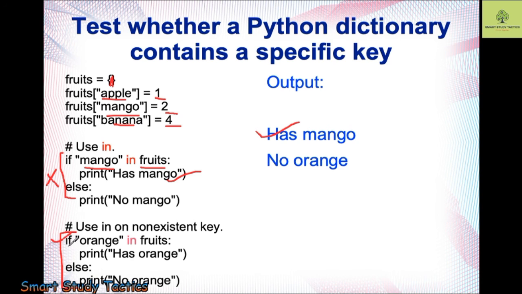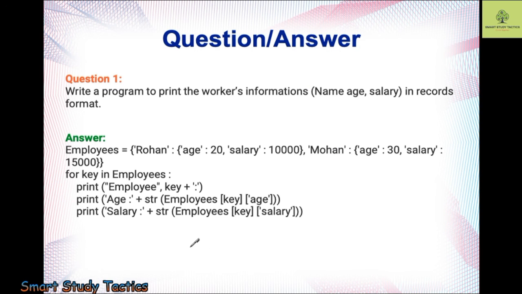What will happen? It will print: if orange in fruits, print has orange, or no orange. So it will print no orange because there is no orange. Okay, I think it is clear to all of you. If I use not in in place of in, what will be the output? Please let me know in the comment section.